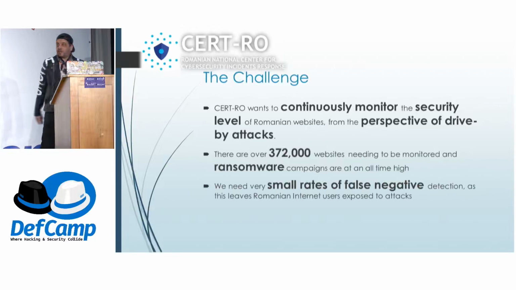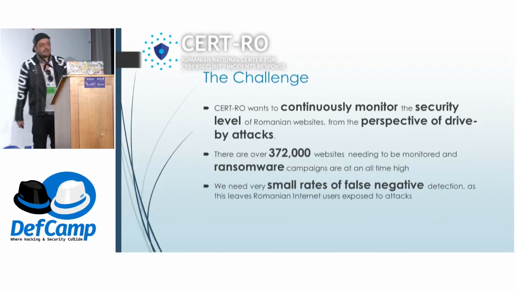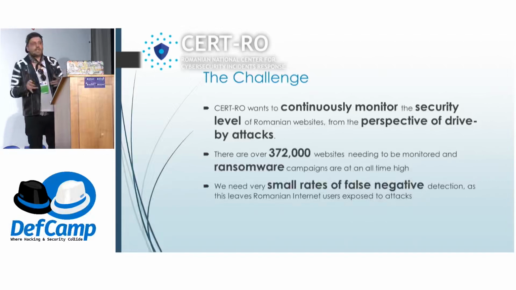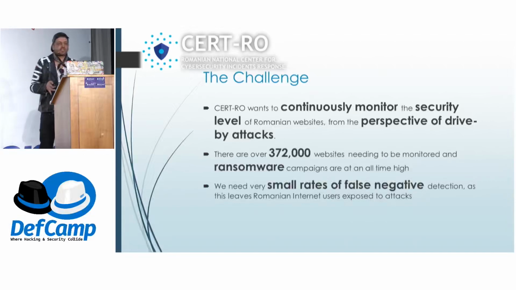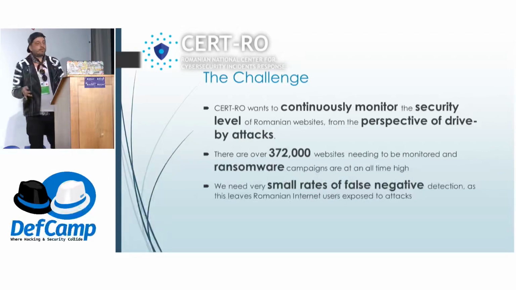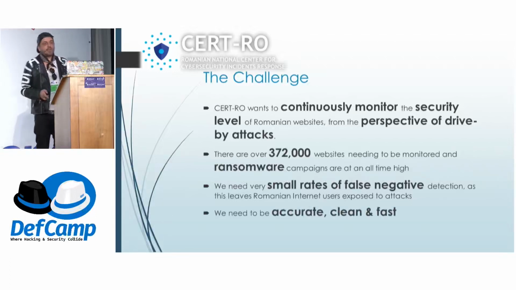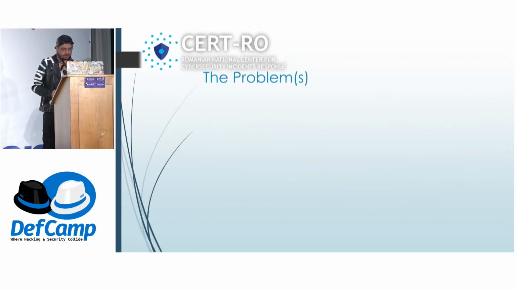We need very small rates for false negatives, and we need to be very careful with this because false negatives mean that Romanian users are exposed to various types of drive-by attacks. We need to be accurate, clean, and fast.